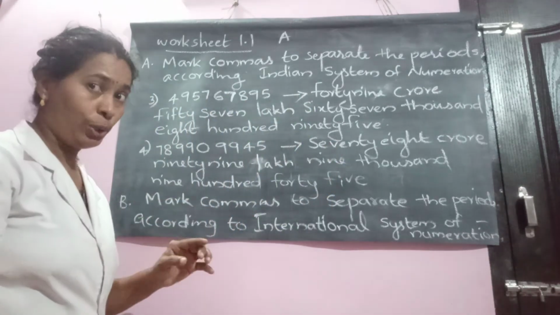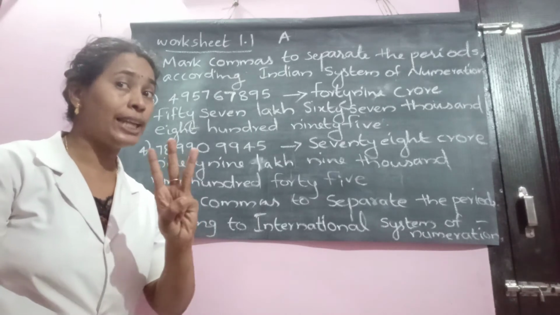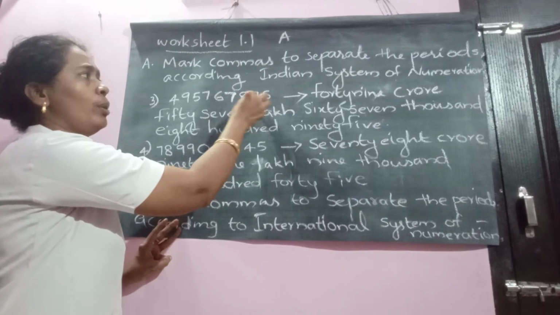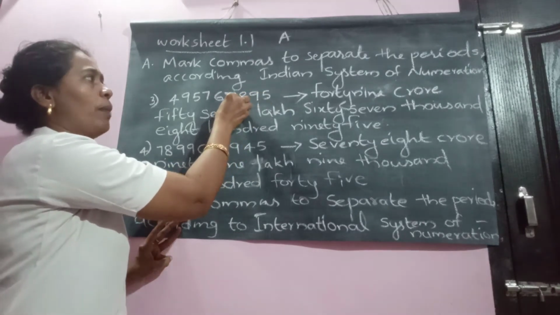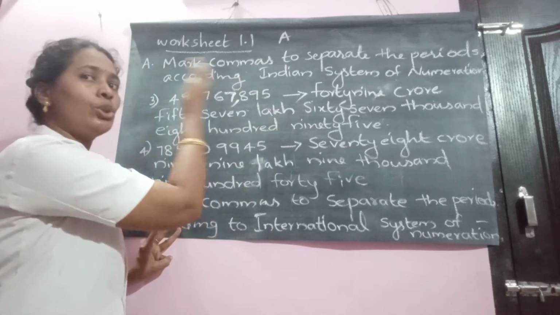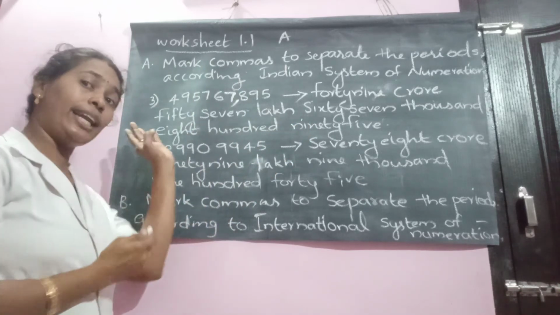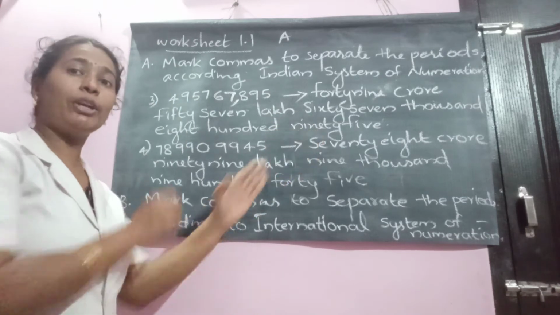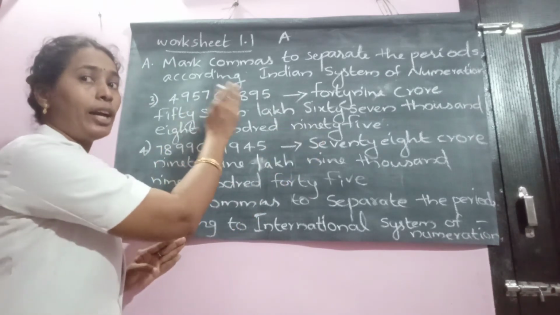So the first period has how many digits? 3 digits. So count 1, 2, 3. Place a comma after 3 digits, from right to left. But when you are reading a number, we will reverse the order, left to right. But when you are placing commas, start from your right hand side.